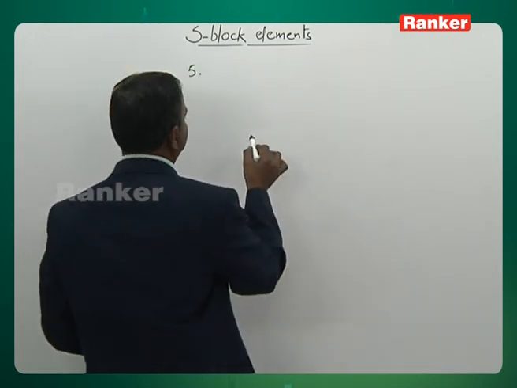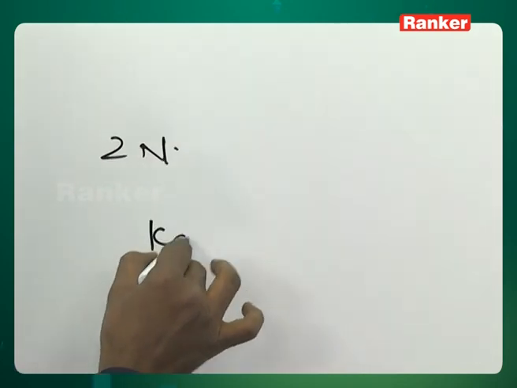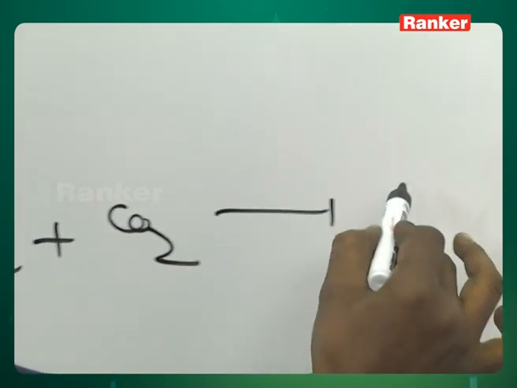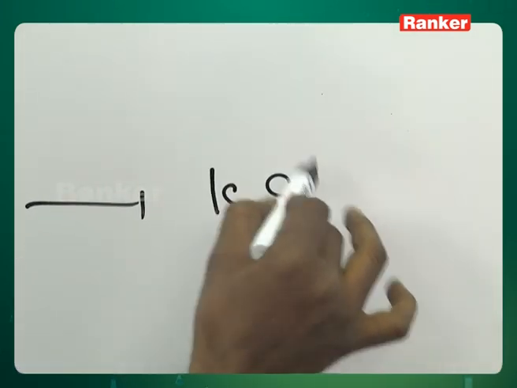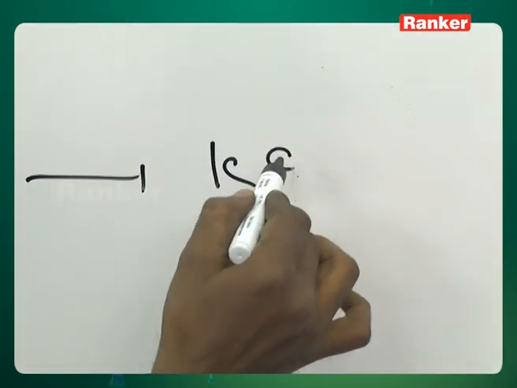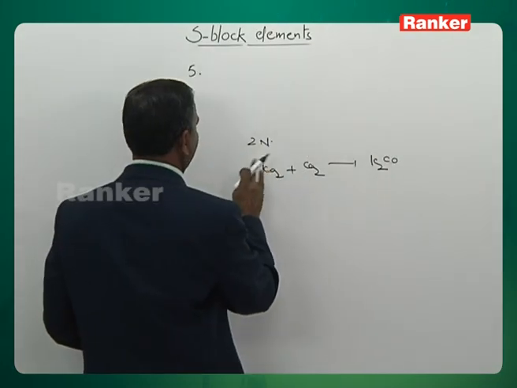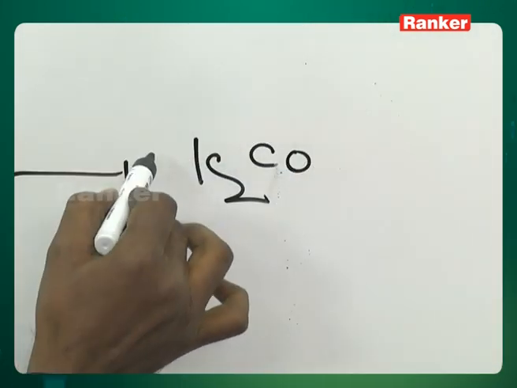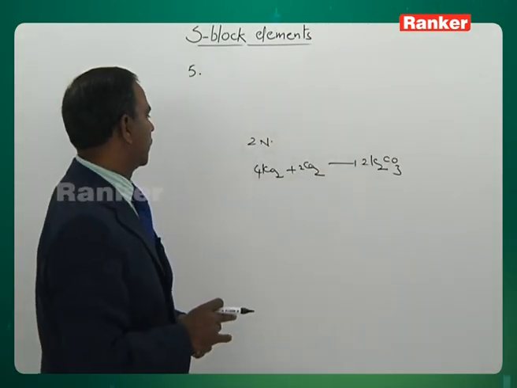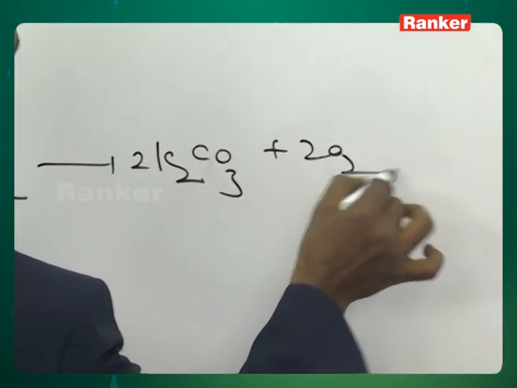How? Take potassium superoxide, KO2 plus CO2 gives K2CO3. Balancing it, 4KO2 plus 2CO2 gives 2K2CO3 plus 3O2.